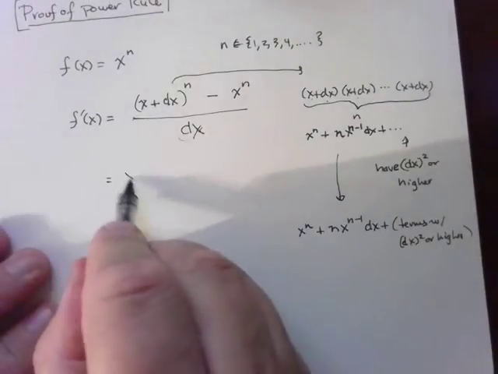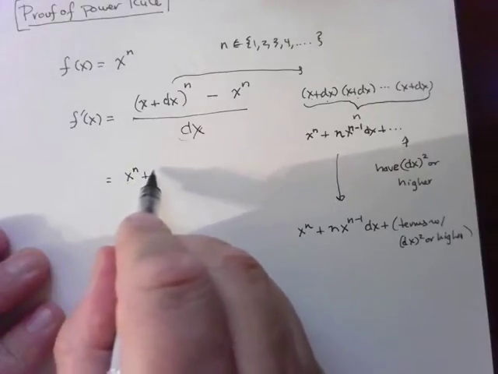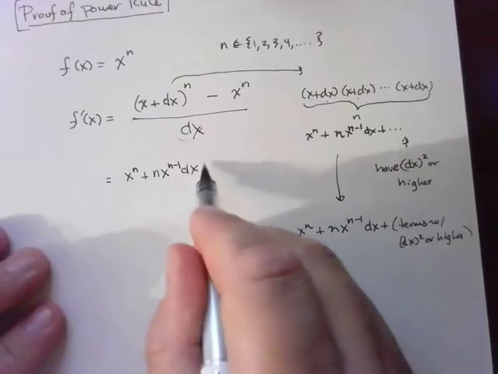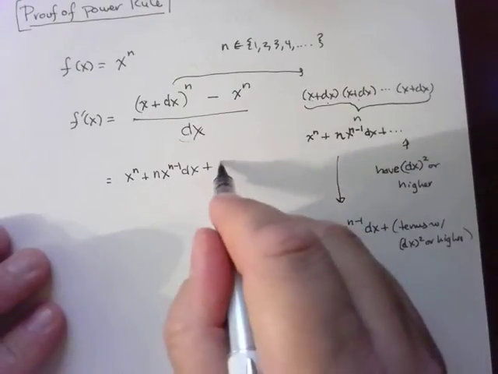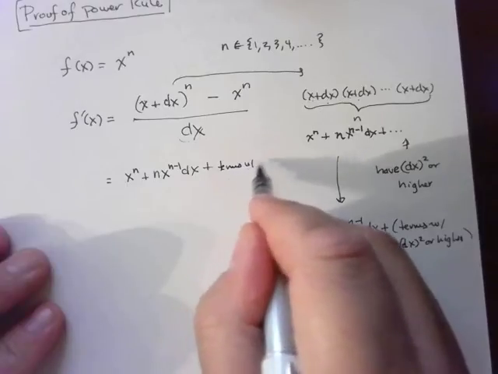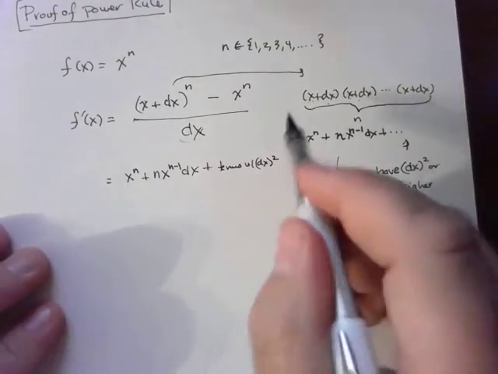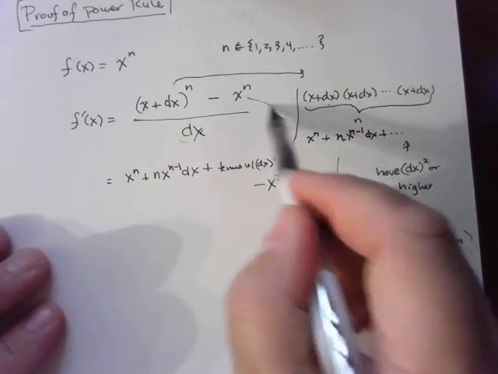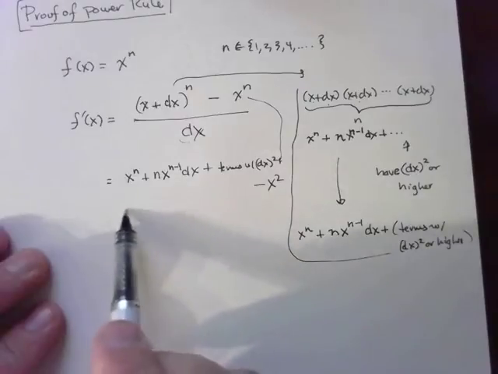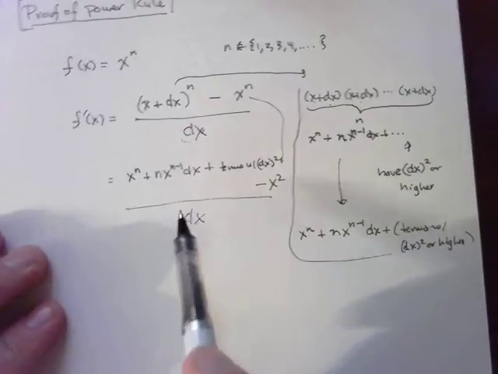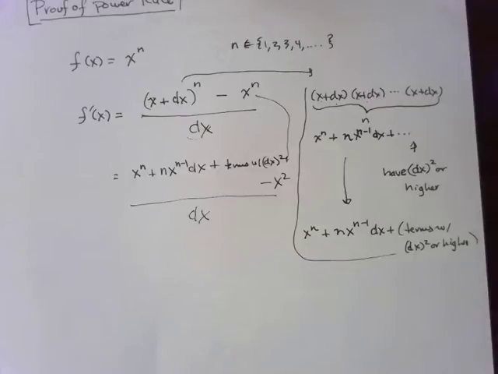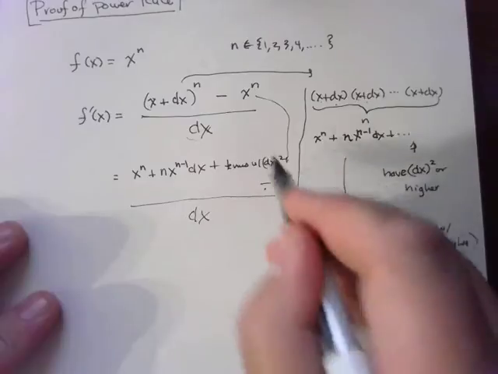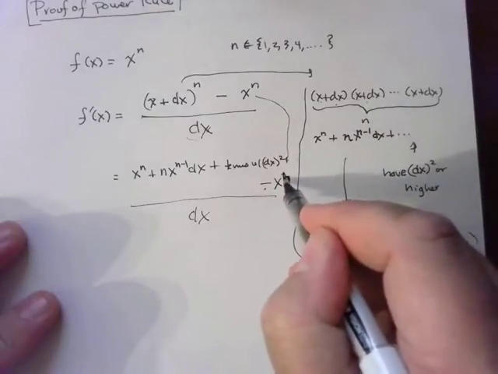When I do, I get x to the n plus n x to the n minus 1 dx plus terms with dx squared. Fence this off. Then I have minus x to the n from here. This is all over dx. Not the best presentation I've ever done of this. Sort of ran out of space. But now, oops, this is x to the n. My apologies.